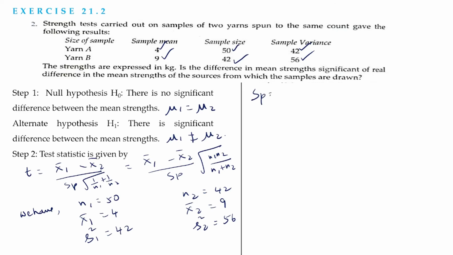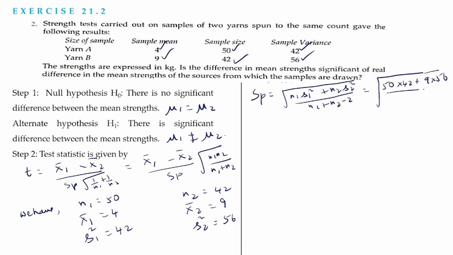Now let us find SP. SP is equal to root of n1 S1 square plus n2 S2 square upon n1 plus n2 minus 2. So this is equal to root of 50 into 42 plus 42 into 56 upon 50 plus 42 minus 2.